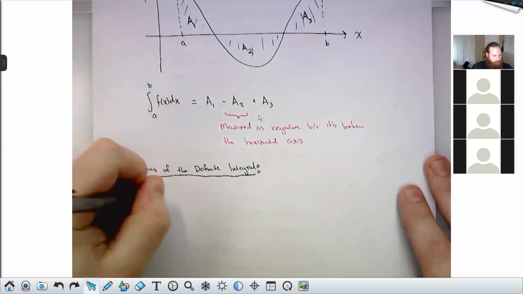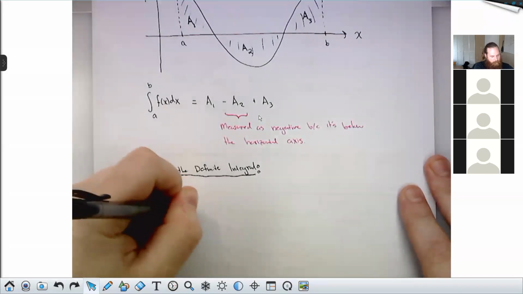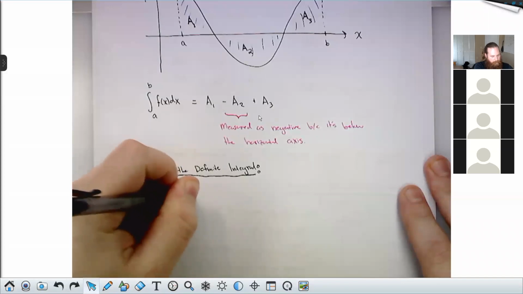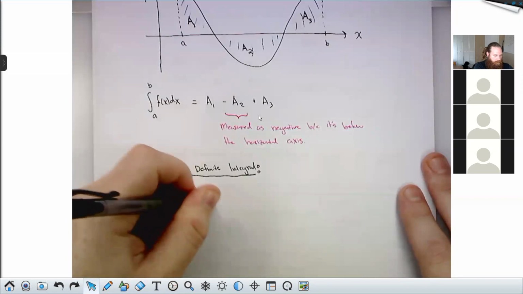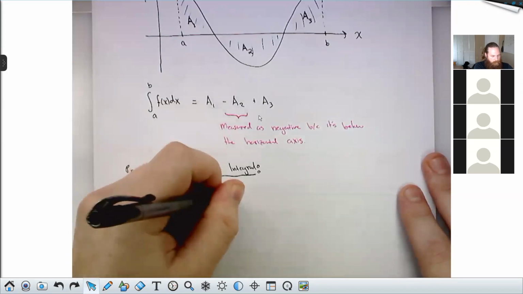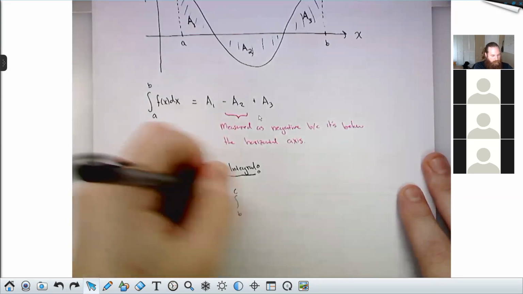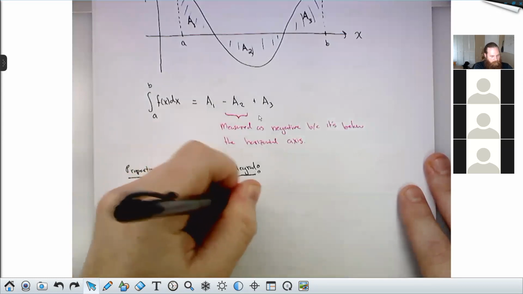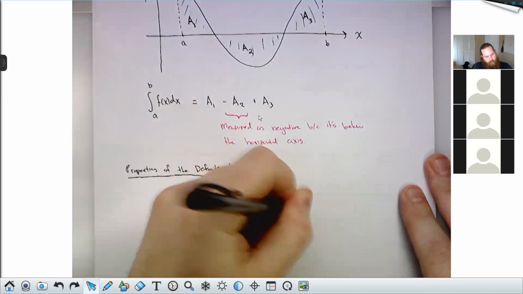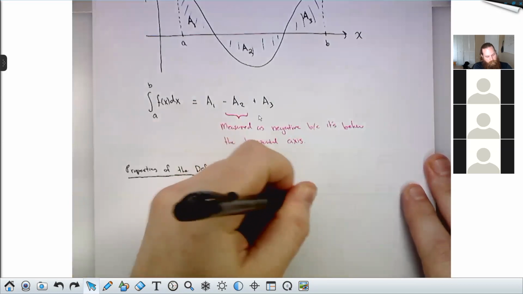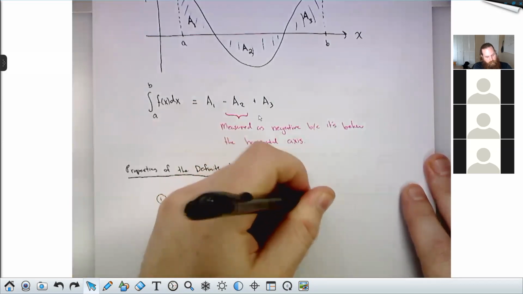One of them is that if you integrate from a to b some function, f of x dx, and you add that to the integral from b to c of that same function, that this is equal to the integral from a to c of that same function.